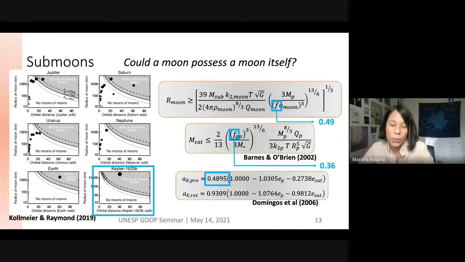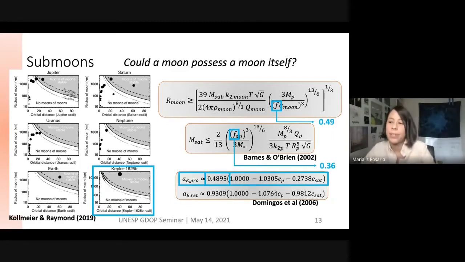So motivated by this, I decided to further this analytical approach into a numerical one and see really what are the conditions necessary for Kepler 1625b to hold a submoon.